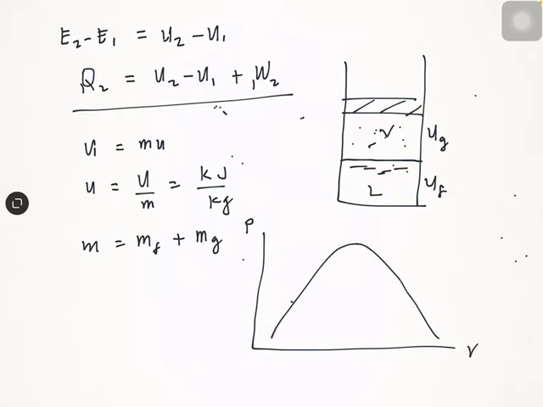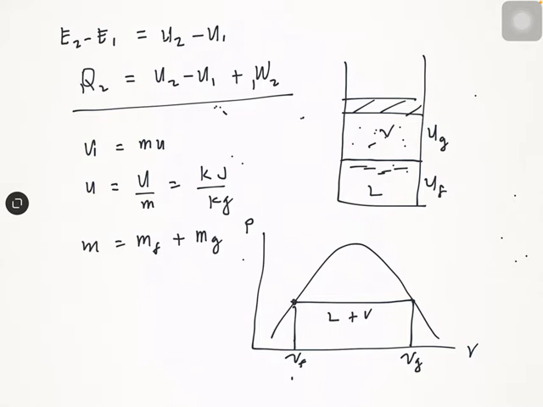This is a mixture of liquid and vapor, L plus V. In our previous discussion, we had the specific volume if the state is purely liquid, or the quality equal to 1 if purely vapor.